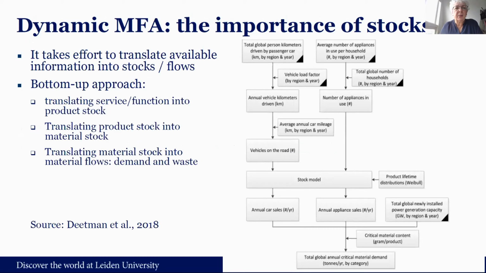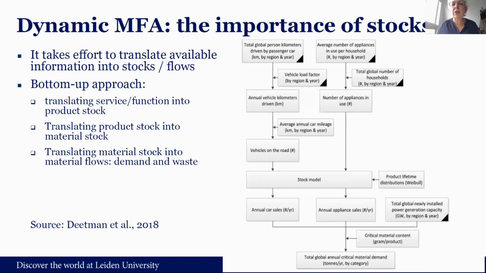If you look at dynamic material flow analysis, where stocks are the core, you see that it takes effort to translate the available information into the stocks and flows, and that often in models like ODIM, a bottom-up approach is taken. First, we start from the service or the function, then that is translated into a stock of certain products. Like here in this example, you see on the left, the cars.